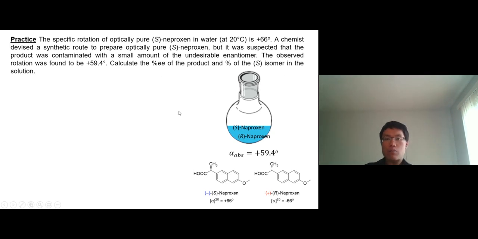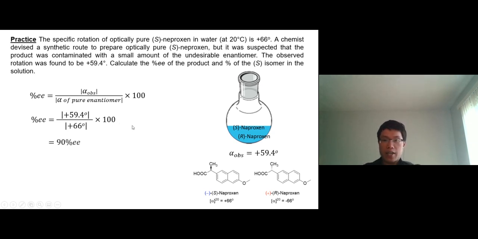Calculate percent EE of S isomer. There is more S than R, so the observed rotation is closer to the S isomer. We plug in 59.4 degrees over the observed rotation of the pure enantiomer, which is pure S: 59.4 divided by 66 times 100. You should get 90% EE.